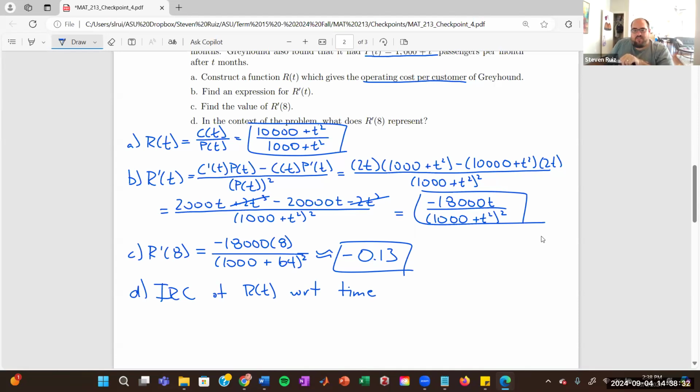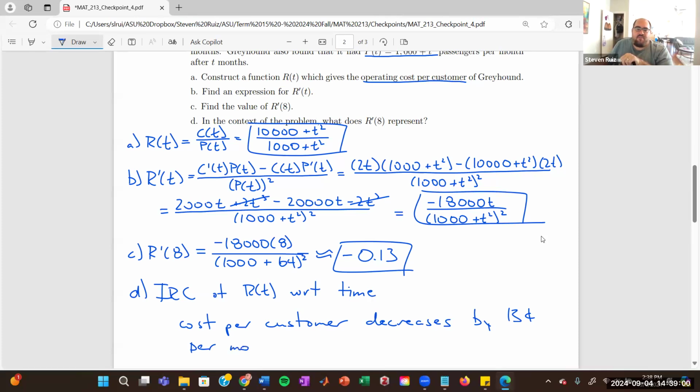So we found a derivative of negative 0.13. What we have really learned here is that cost per customer decreases by 13 cents per, what does T stand for?